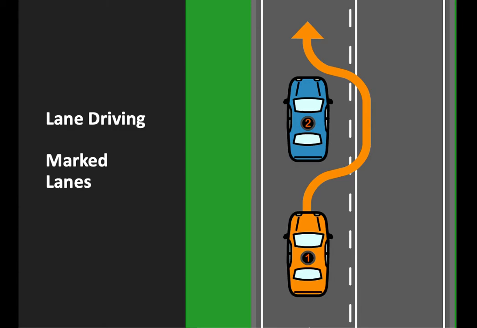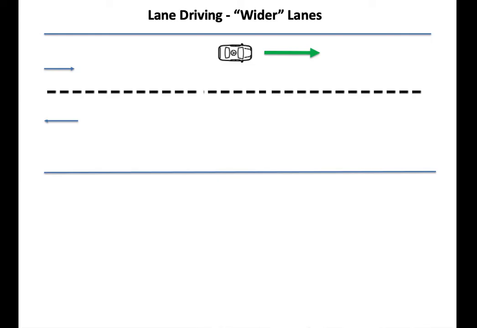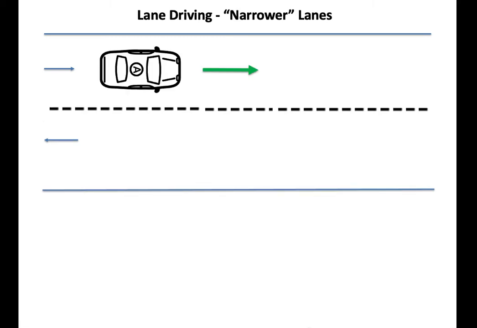You can see the white lines on the road, they're considered marked lanes. And lane driving, unmarked lanes. So we've got the little black car there driving along with no lane markings. Wider lanes, you can see quite a wide lane there for vehicle A. And narrower lanes, so there's not much space on the sides to the left and the right of vehicle A.